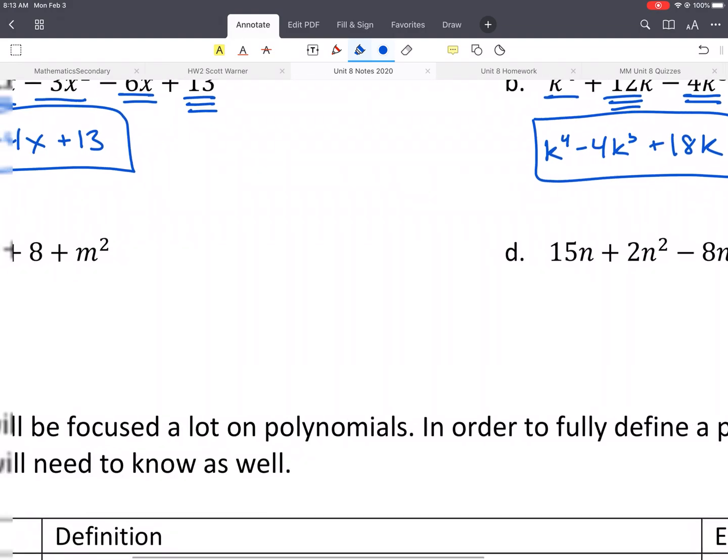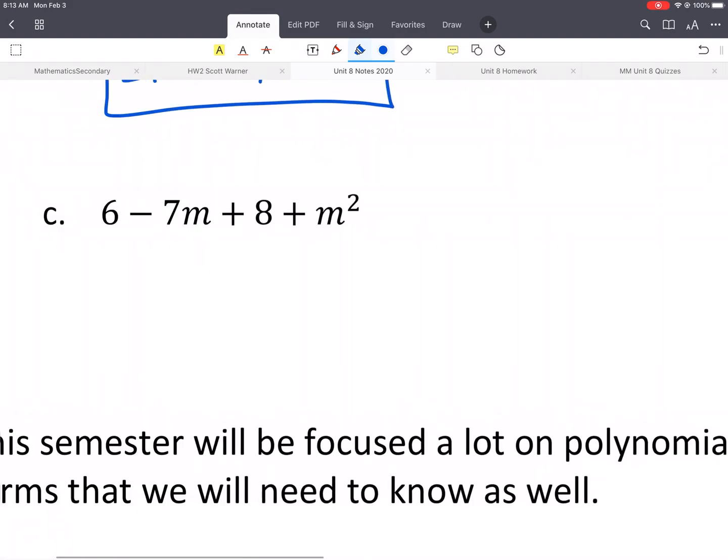That's why I like to do the biggest exponents first when I'm combining, because then it's already in the correct form. So here's the highest, m squared, and then the next would be negative 7m, and then we have two constants that we're going to combine. That would give us 6 plus 8, which gives us 14. Okay?